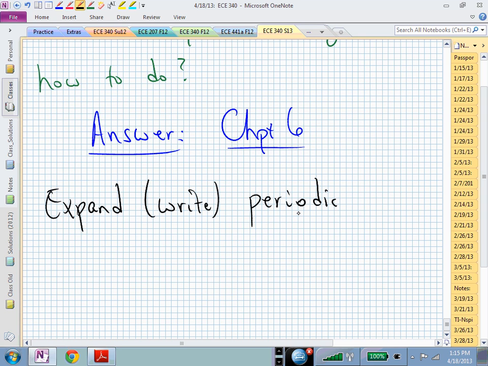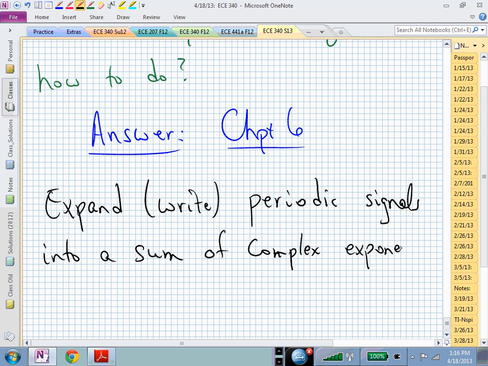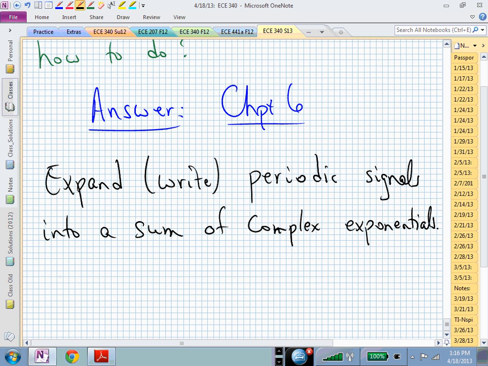This is what we've learned in Chapter 6, where we can expand or write periodic signals into a sum of complex exponentials. And that was the complex exponential Fourier series.